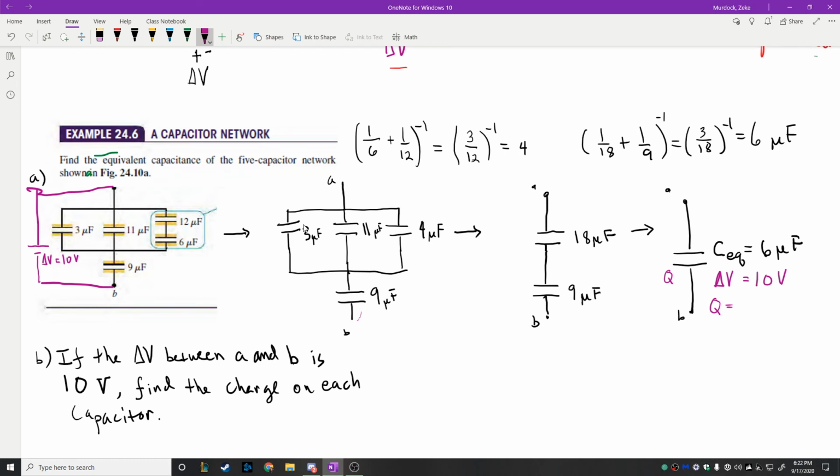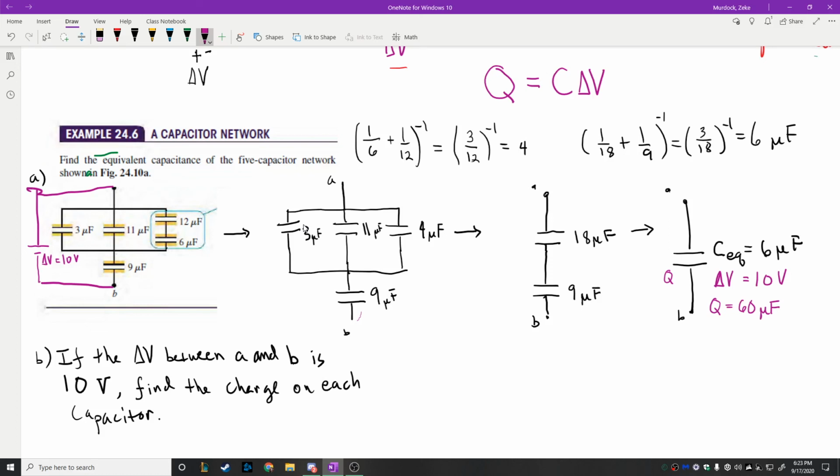For all the questions that I'm about to ask, you only need to know the one formula: Q equals C times delta V. And then a couple of rules that I'll say as we go along. So what would the charge be here? 60, right? 60 micro, or 6 times 10 to the negative 5, that's correct.